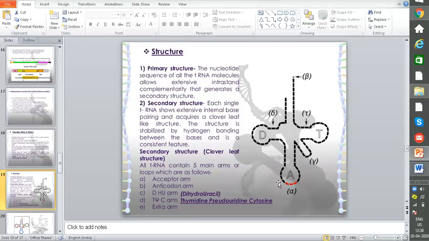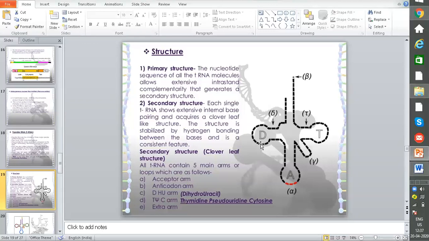For example, if UAA is accepted, its complement will be processed here. That is the anticodon, opposite to the acceptor area. This anticodon arm is the main arm, which is useful for protein synthesis.